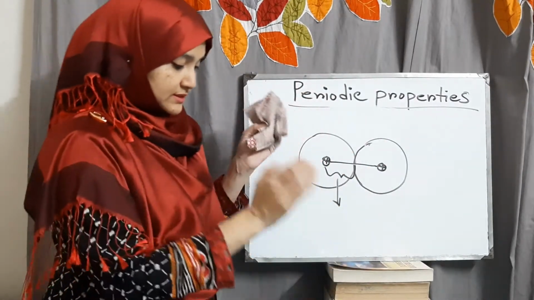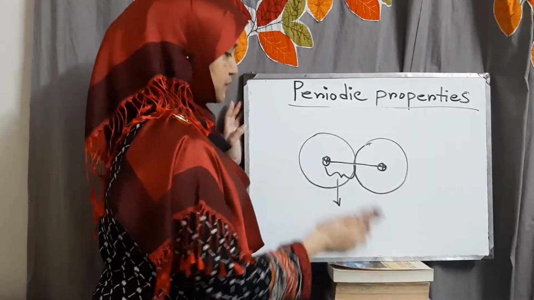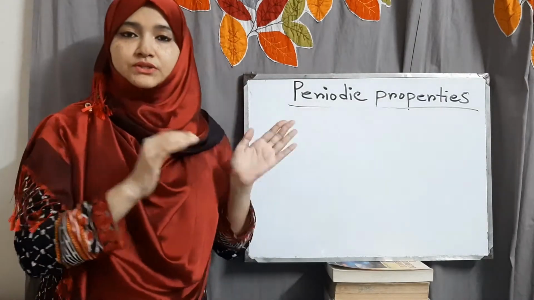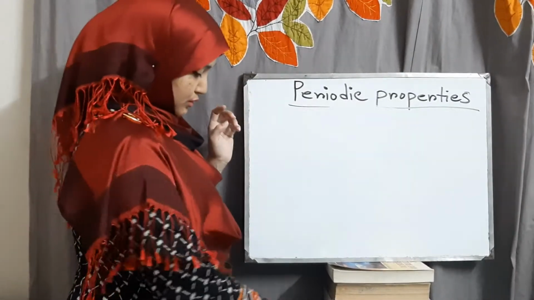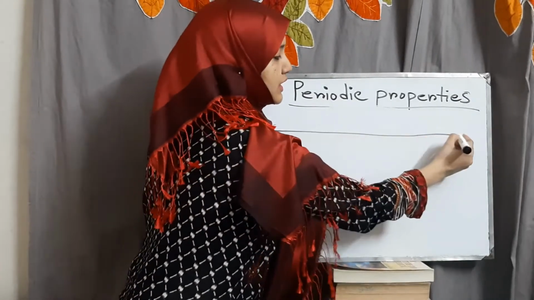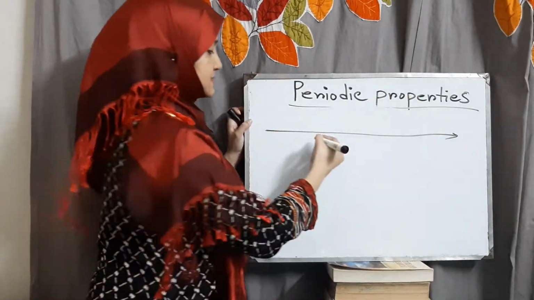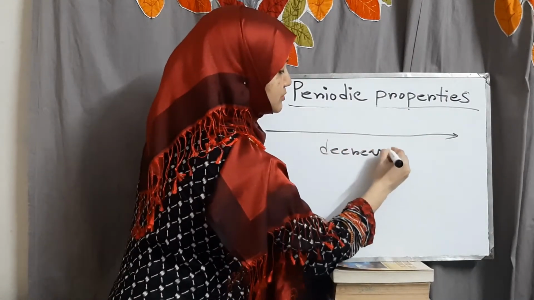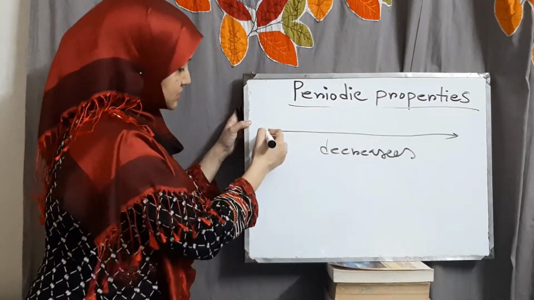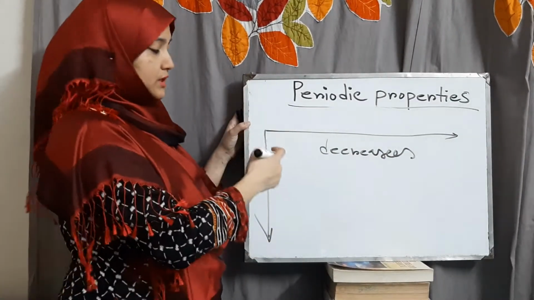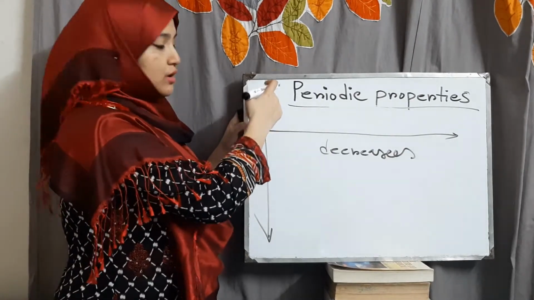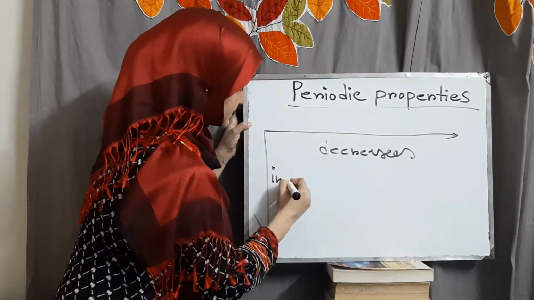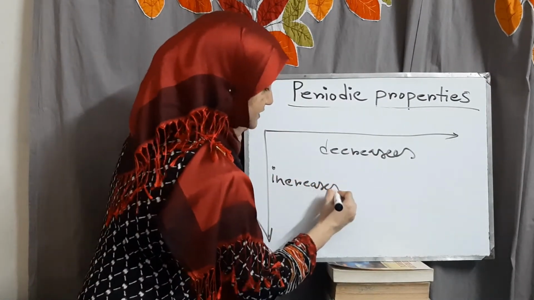And this atomic size or radius shows a periodic trend in the periodic table. If in a period we move from left to right, the atomic size or atomic radius decreases. And in a group, if we proceed from top to bottom, then the atomic radius or atomic size increases.